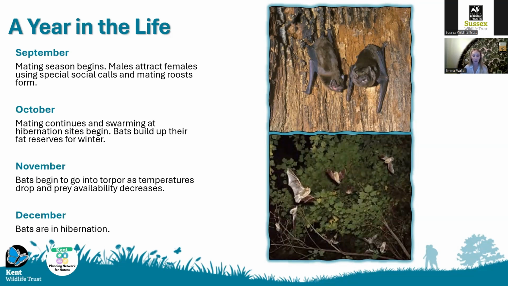So in October, you get a lot of swarming behaviour at hibernation sites, where there could be hundreds or even thousands of bats swarming at the entrance of a cave or a mine or wherever the hibernation roost is.